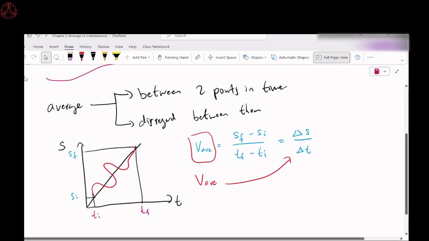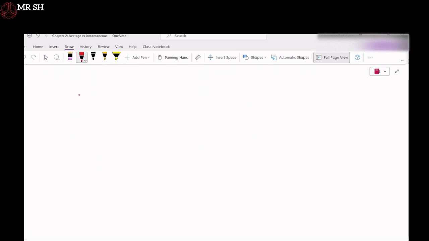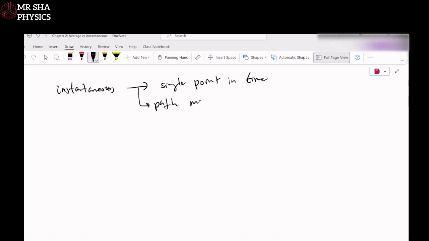Now, if I were to talk about instantaneous values, what I mean by that is a single point in time. So that means the path does matter.